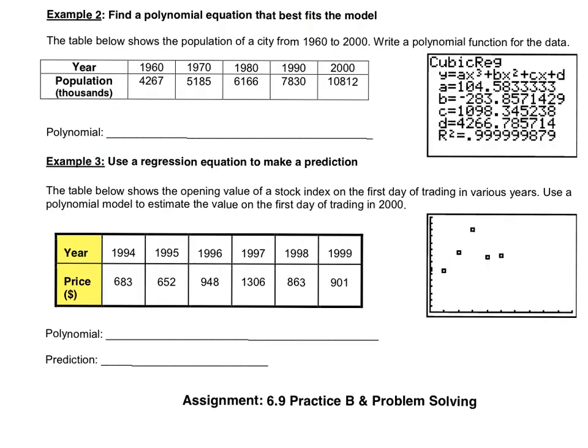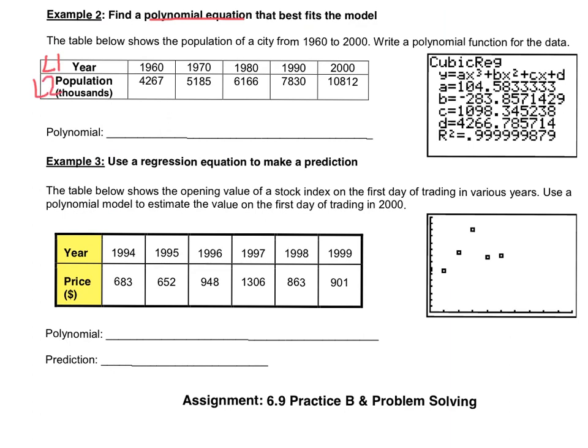Now we do want to actually find the equation for the model. When we look at this table, on the calculator, we will go to Stat and Edit, and we'll put the years in L1 and the population in L2.